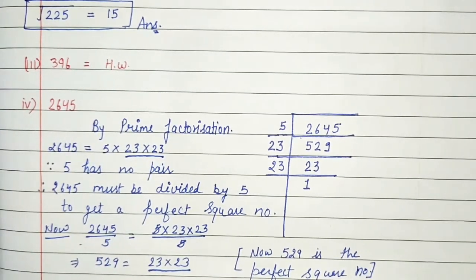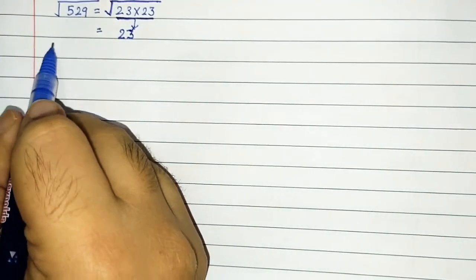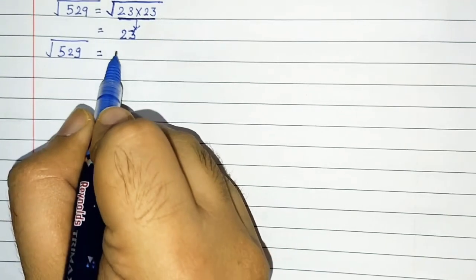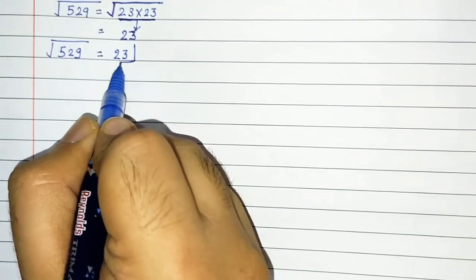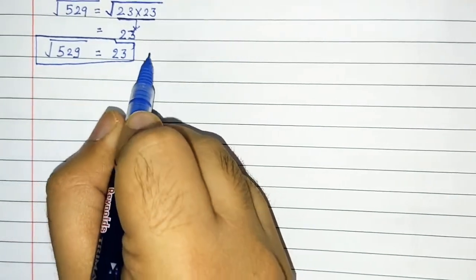Okay. Now we have to find the square root of 529. So just take the square root sign after that, because this has only one pair, so this 23 taken outside. So our answer is square root of 529 is equals to 23. Okay.